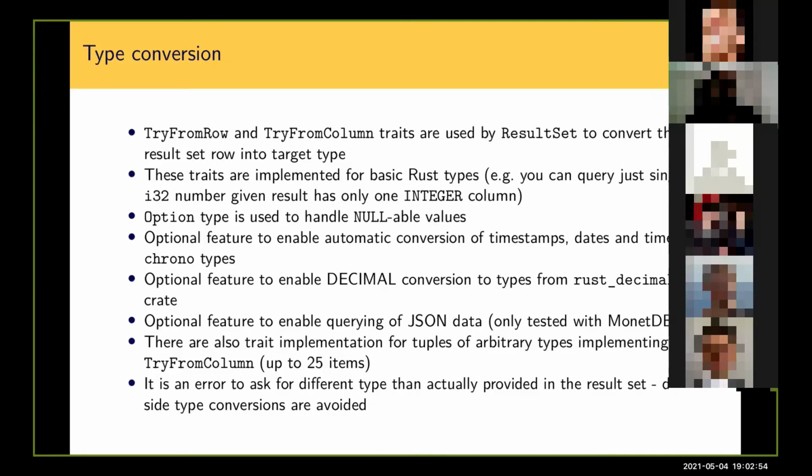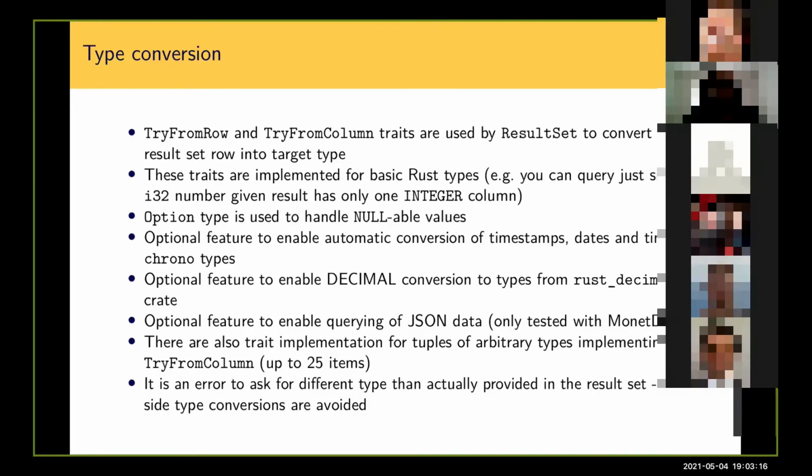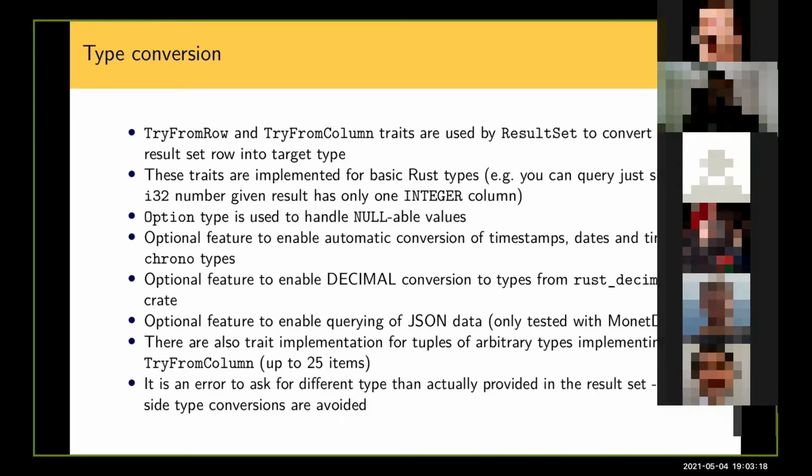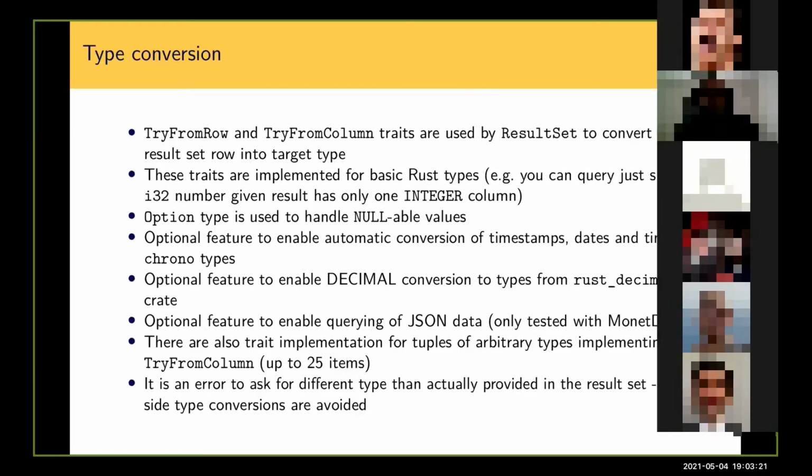I'm just trying to have a very strict one-to-one mapping between those types. Also, TryFromColumn is implemented for an Option of anything that implements TryFromColumn, which means you can get nulls handled this way. So if your table contains nullable columns, then you want to use the Option type for the row's type.